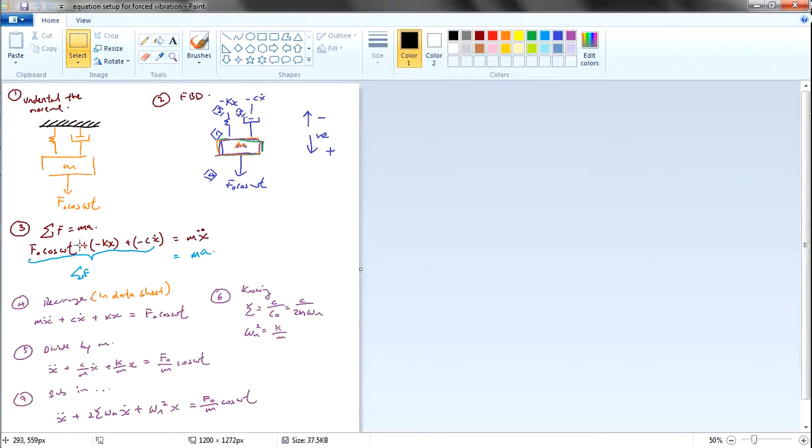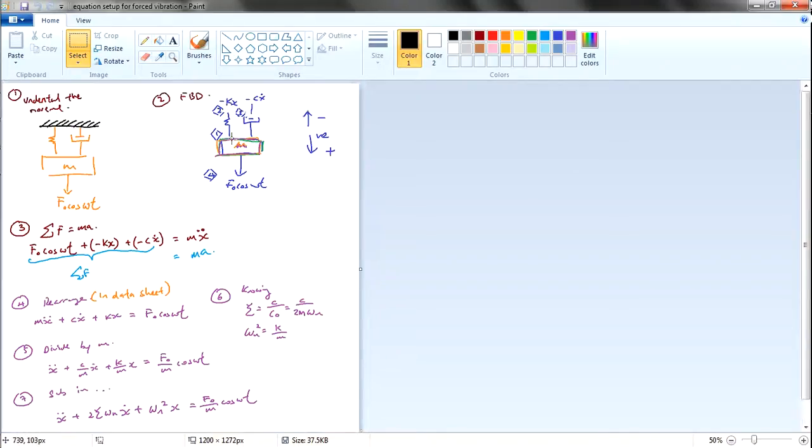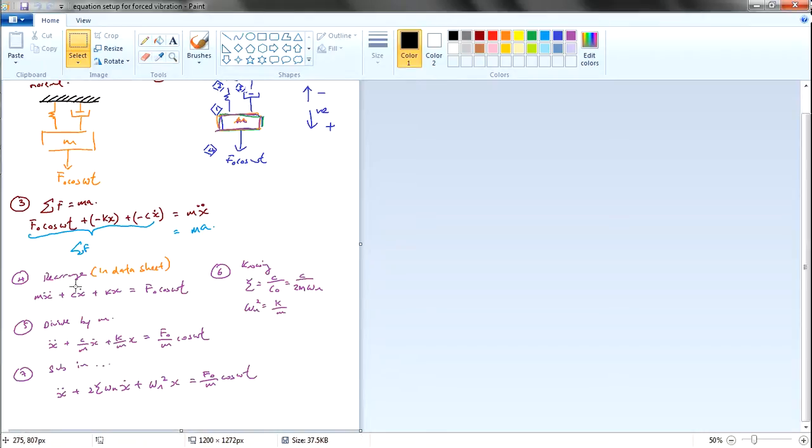The first part is easy: you set up a summation, make an equation based on the FBD, rearrange, and divide everything by mass. This is a typical step for all we have done earlier. Eventually you acquire this equation, a second-order non-homogeneous equation.